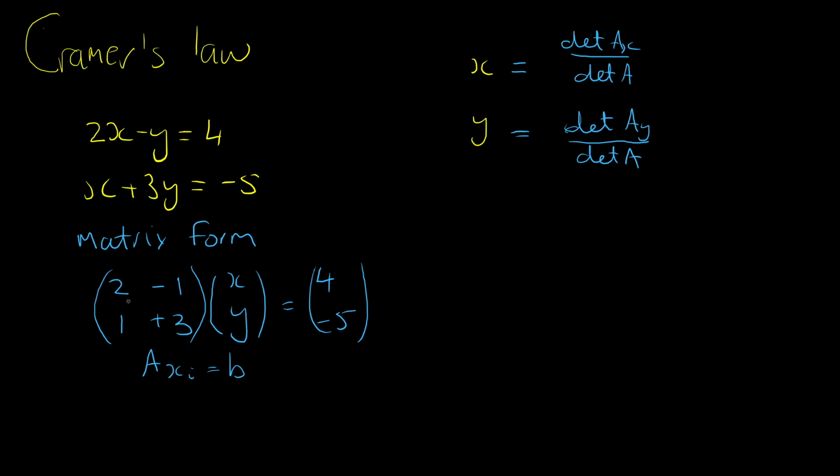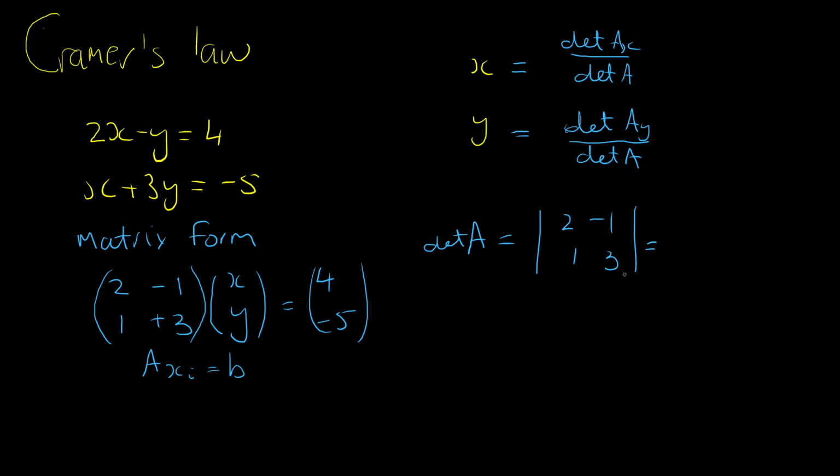The A matrix will always be the coefficients matrix. So we need to find the determinant of A for the bottom part, and that is the determinant of 2, minus 1, 1 and 3.